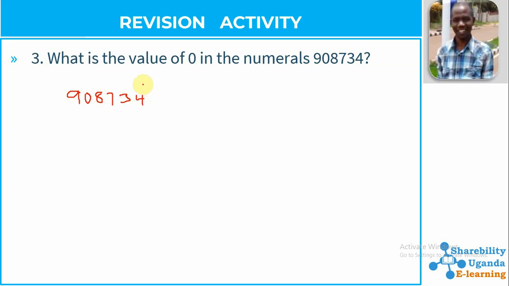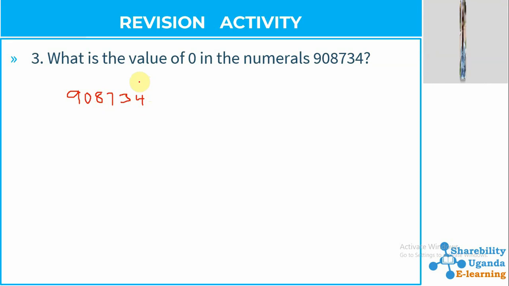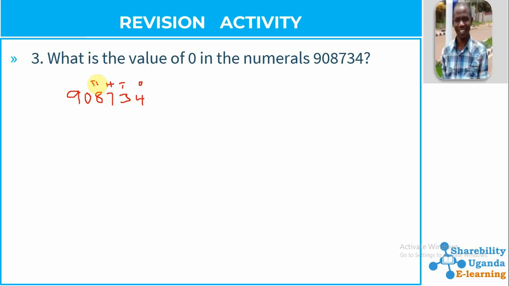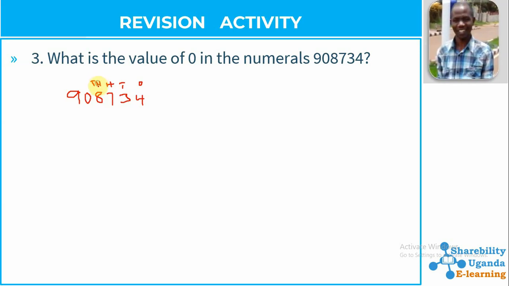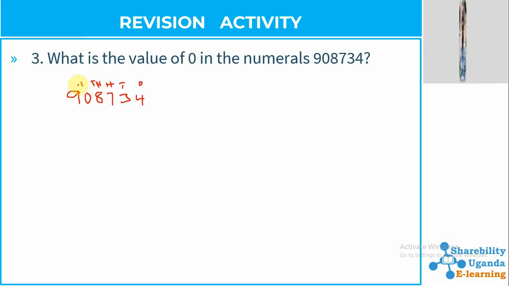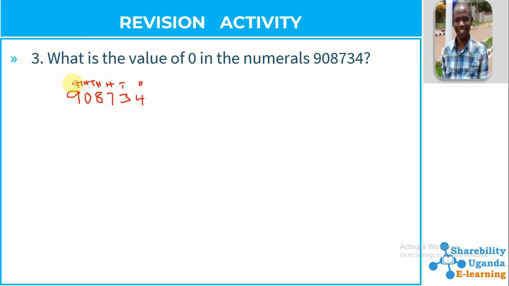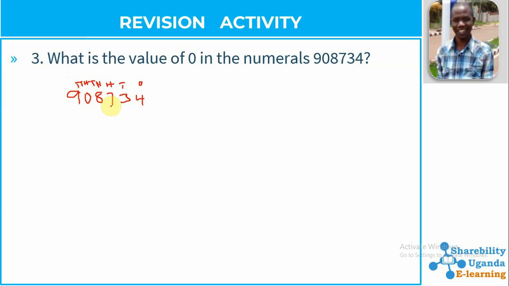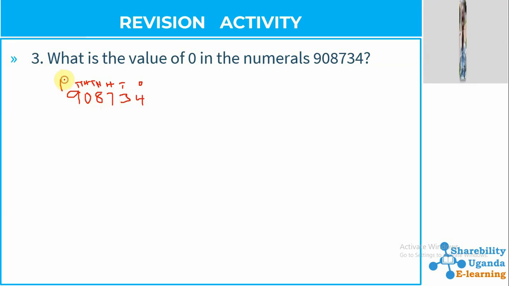When we give these digits place values, this is going to be in ones, this in tens, this in hundreds, this in thousands, this in ten thousands, and this in hundred thousands.